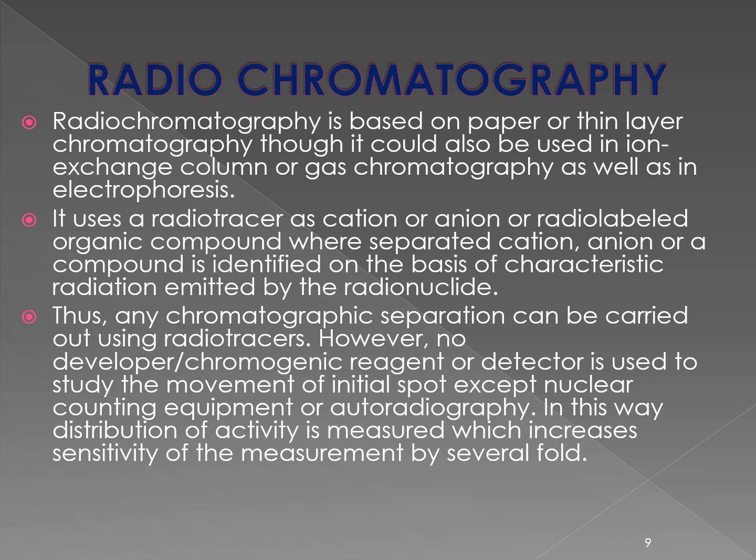It uses a radio tracer as cation or anion or radio labeled organic compound where a separated cation, anion or compound is identified on the basis of characteristic radiations emitted by the radionuclide.